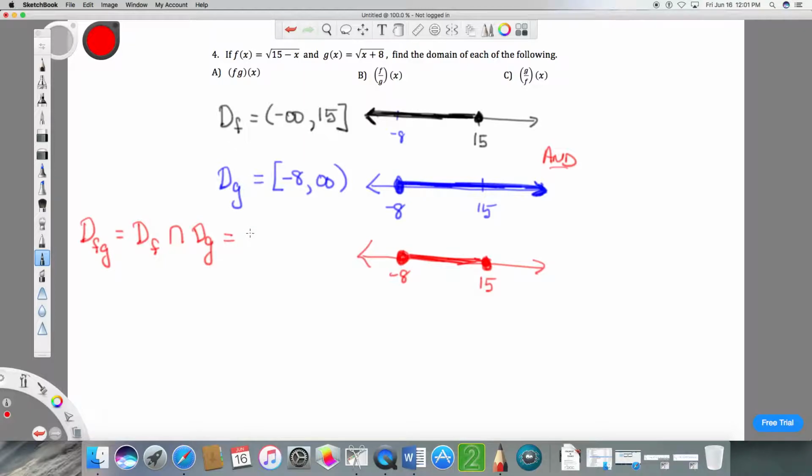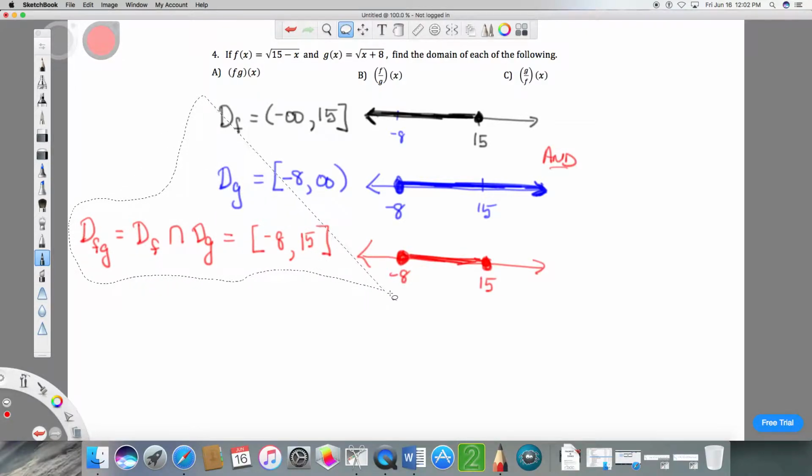So our final answer for part A is that the domain of this function fg is from negative 8 to positive 15, including those endpoints. Now, we don't know if our answer in part B will be the same as this.